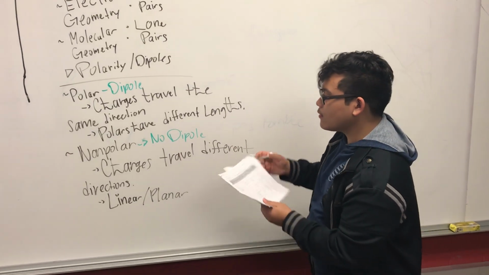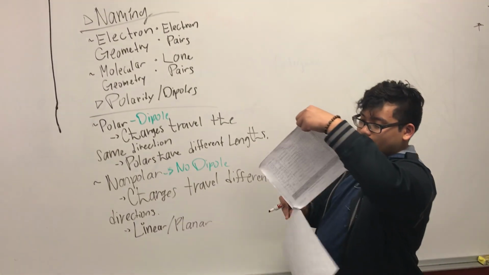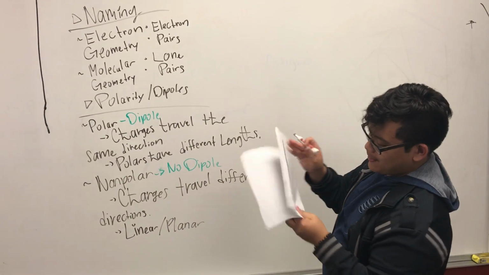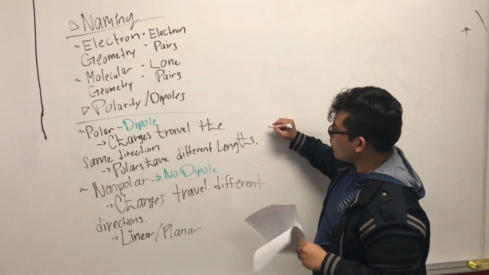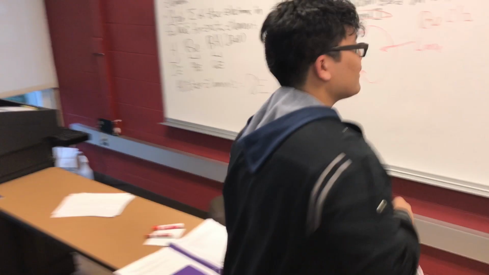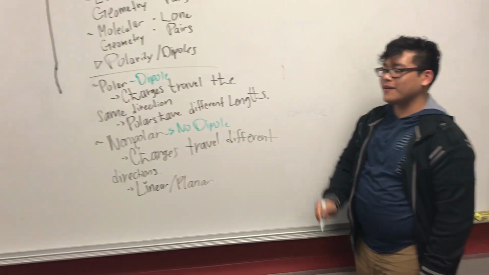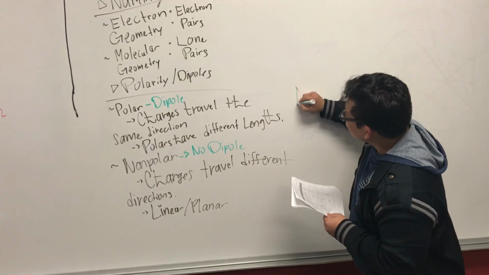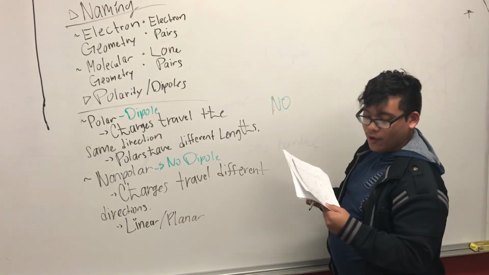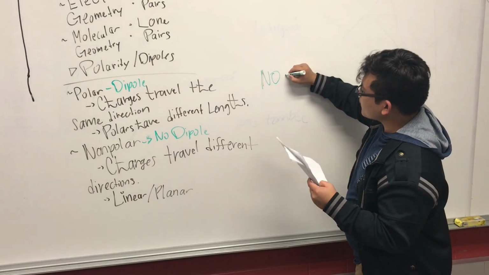I'm going to show you an example right now. So here's our first example, NO. I'm going to draw NO for you guys, and this is what NO looks like.